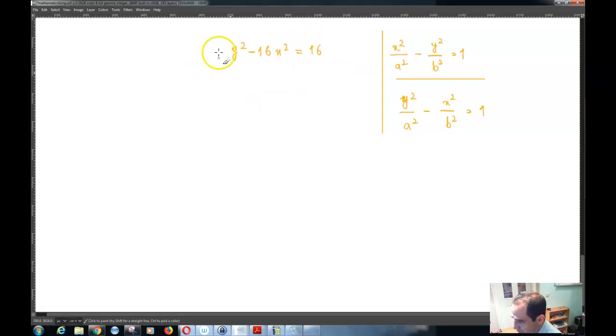When you start writing it, it will automatically be one of these two forms. You will see about that.